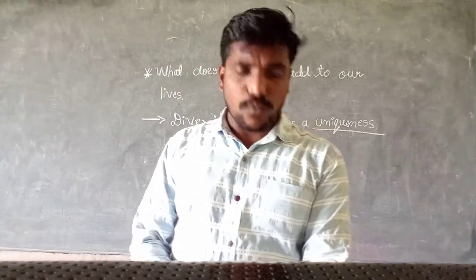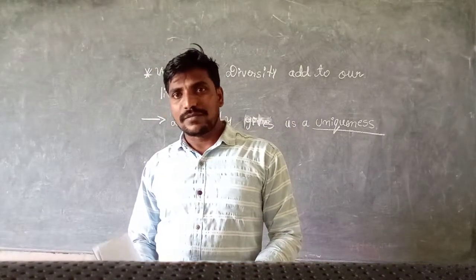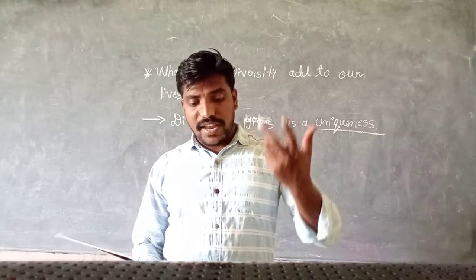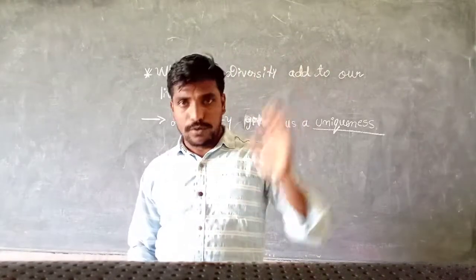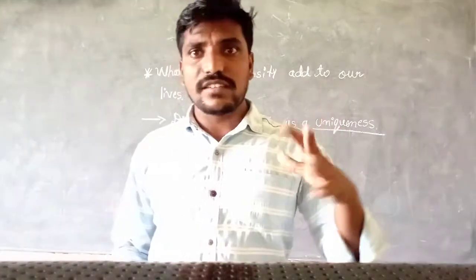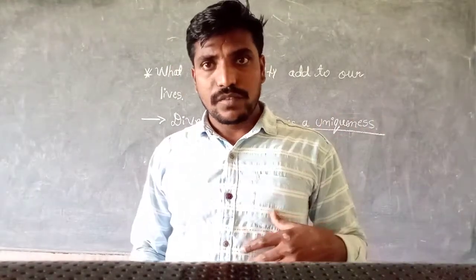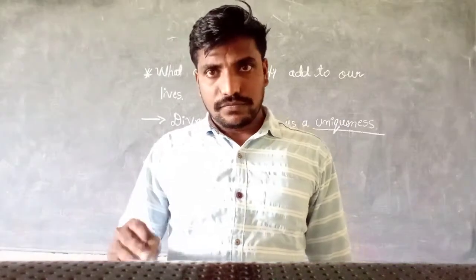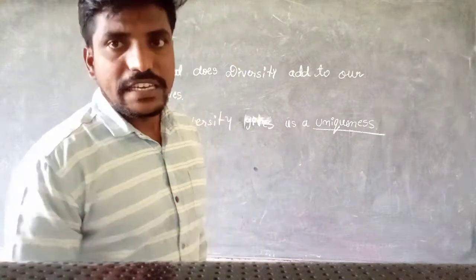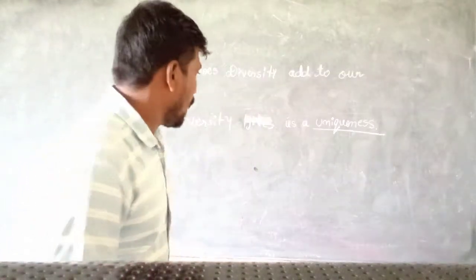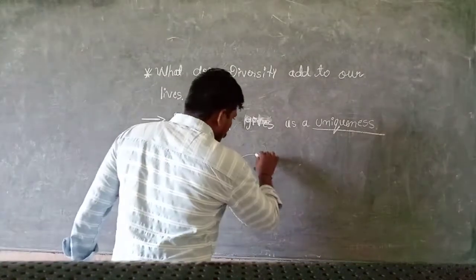So diversity makes our world beautiful, right? So how can I define this? Diversity makes our world beautiful, isn't it? How does diversity make the world beautiful? For example, you think there is a function in your school on August 15, the national festival of India.